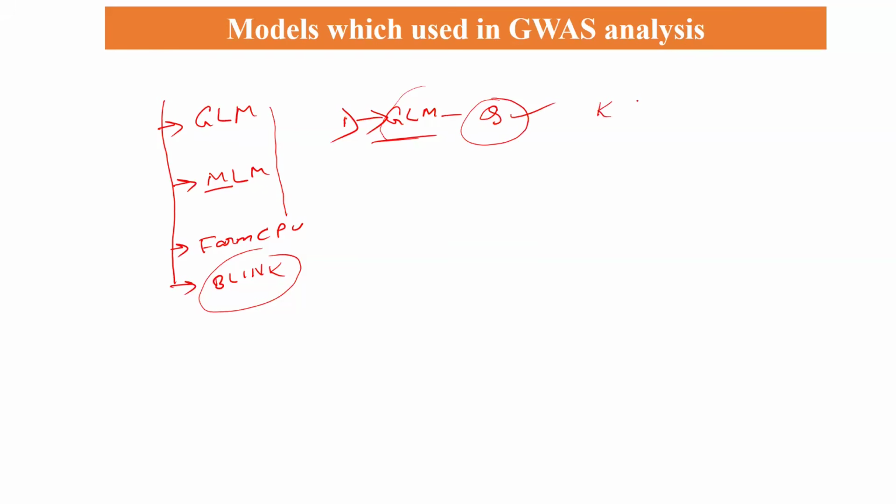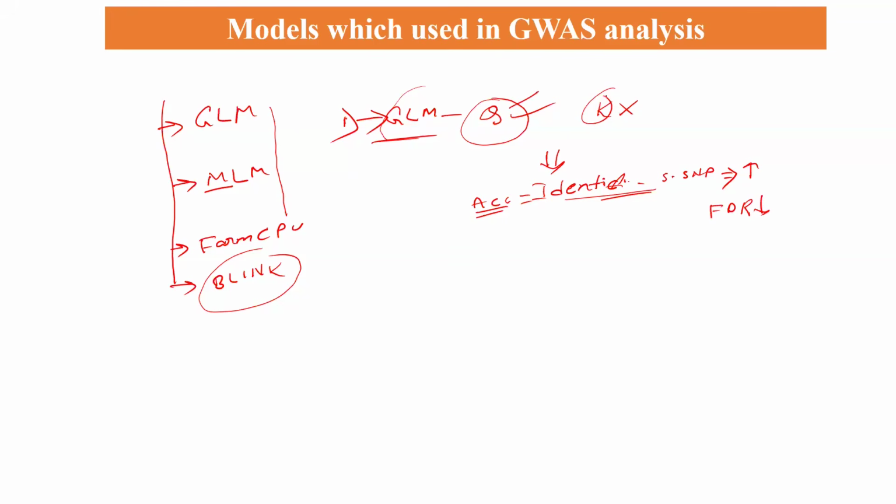If both the Q matrix and K matrix are included in the identification of significant SNPs, the identification accuracy will be high and the false positive rate will be low.